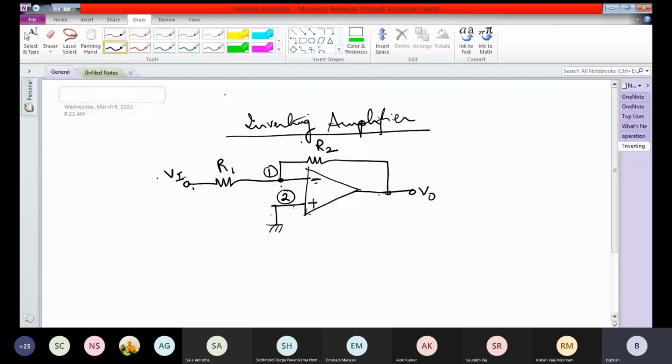So we have two resistors, one connected to the input, and R2 is called the feedback resistance because it is connected from the output to the input.